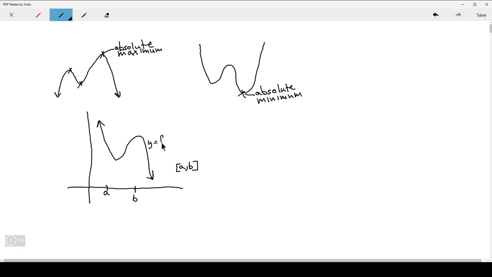We'll call it f of x. Then basically what I've done is I have cut the function here, and I have cut the function here.